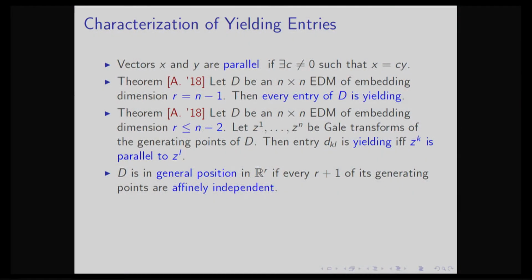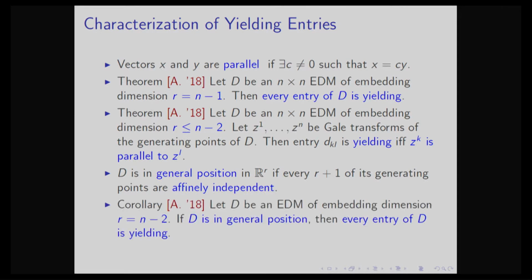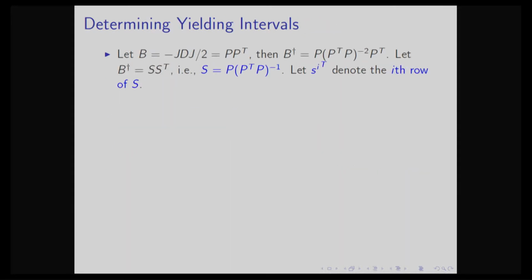And if the points are in general position, meaning every r plus one of them are affinely independent, and the embedding dimension is equal to n minus 2, then every entry is yielding. Now, if the entry is yielding, you want to know the yielding interval, and there are closed form solutions for that.